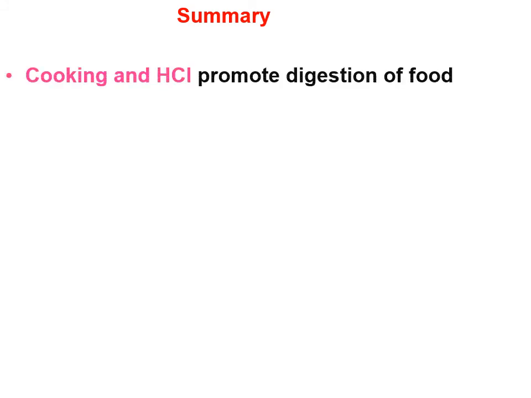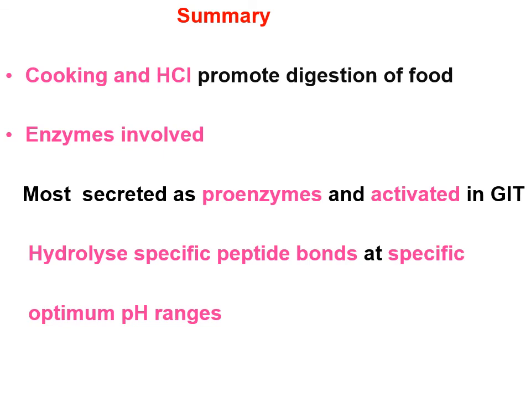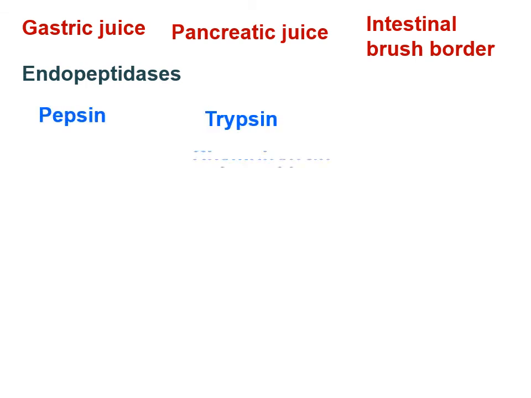Once again, like a chewing gum, I repeat, cooking and HCl promote digestion of food. Enzymes involved are secreted as proenzymes and activated in the GIT. They hydrolyze specific peptide bonds at specific optimum pH. These proteolytic enzymes are endopeptidases and exopeptidases.